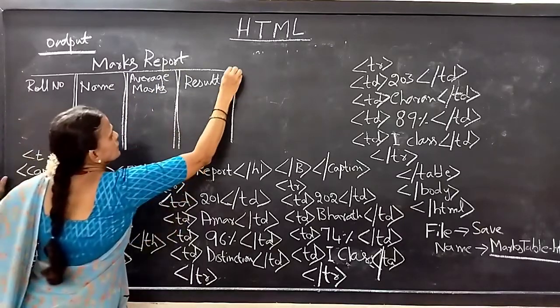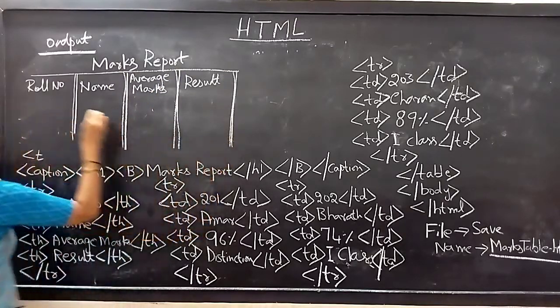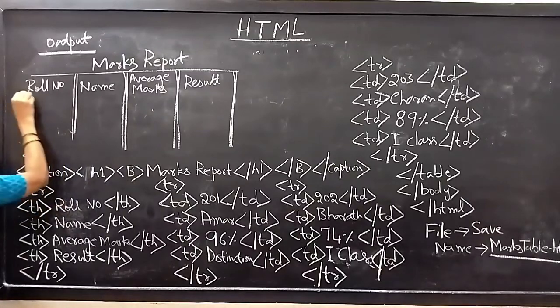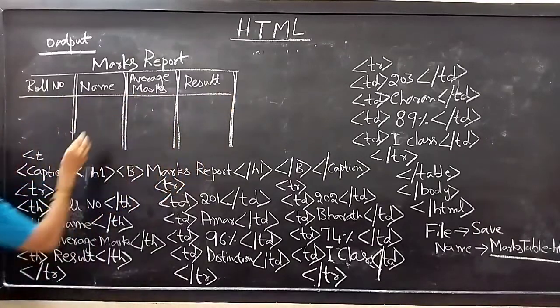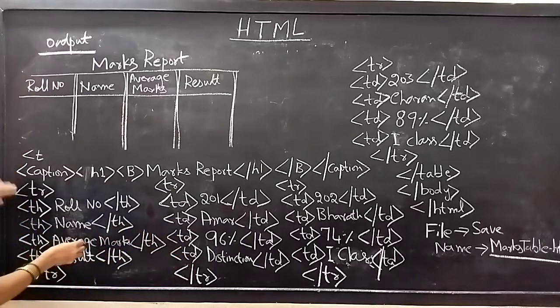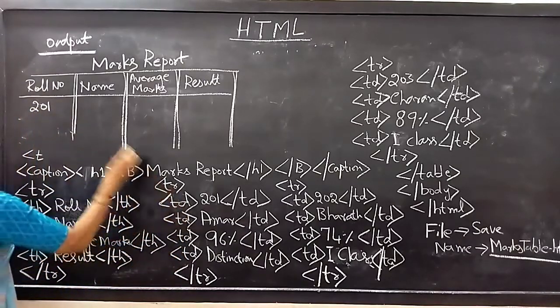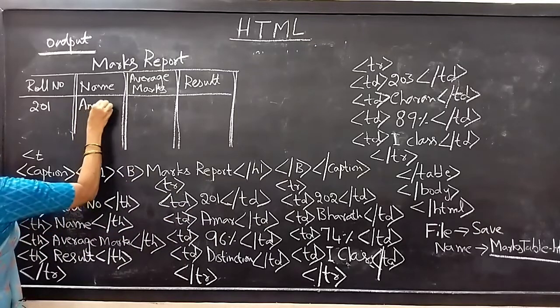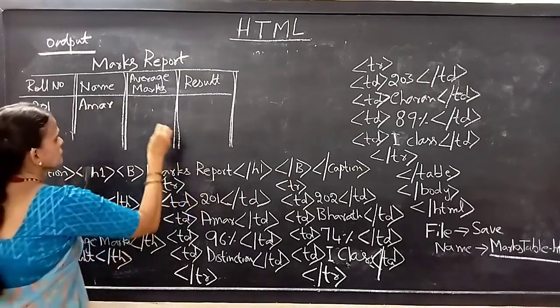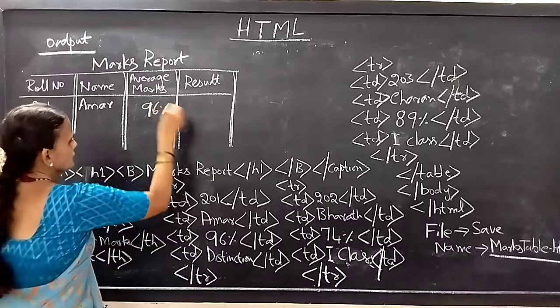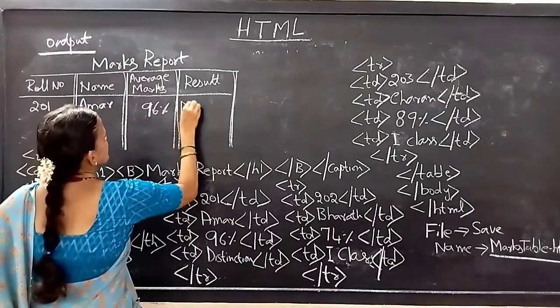Okay. You can write it in Notepad, practice it, and get the result. Then we wrote roll number 201, the name of the student, and the result distinction.